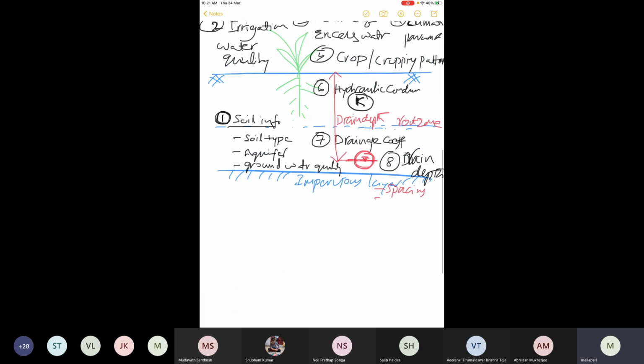So these are all design parameters. I'm talking about finally the design parameters: drain depth, the spacing between the drains, okay, and the type of pipe and pipe section, that means diameter and all, okay, and then envelope.